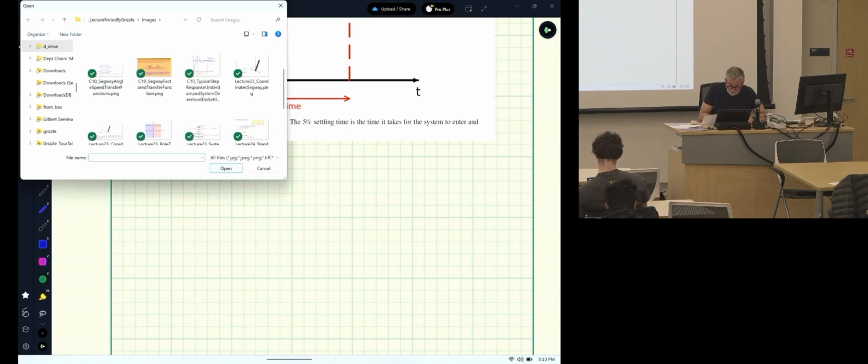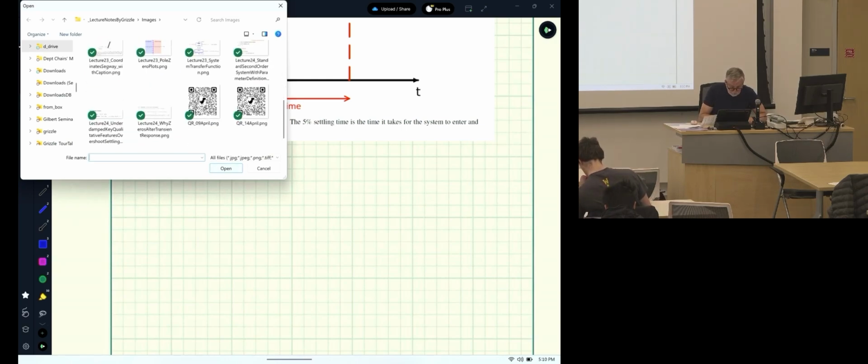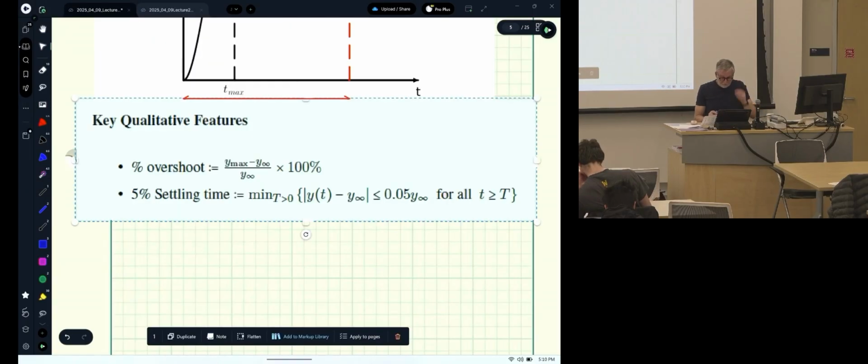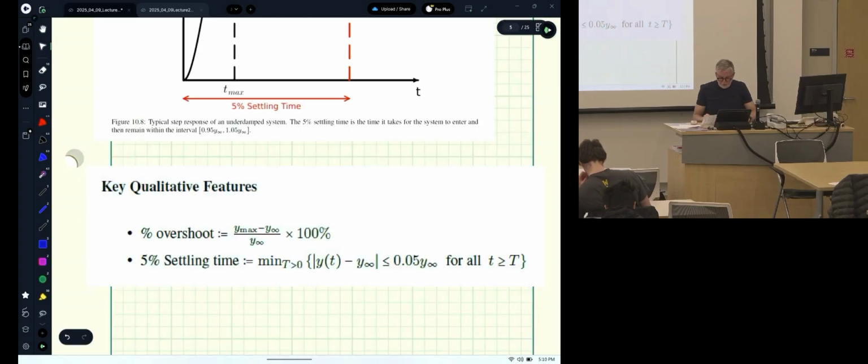So I'm just going to paste them in. Underdamped key. Okay, so percent overshoot, Y max minus the steady state value normalized by the steady state value times 100%.